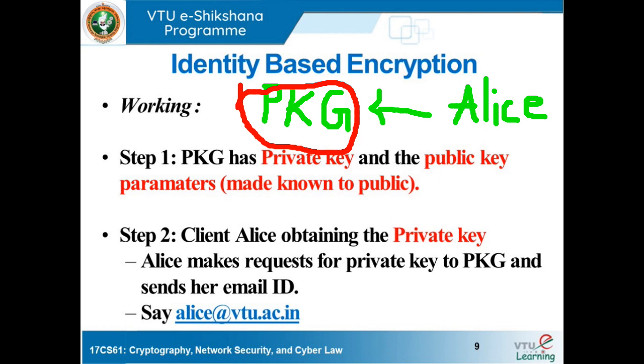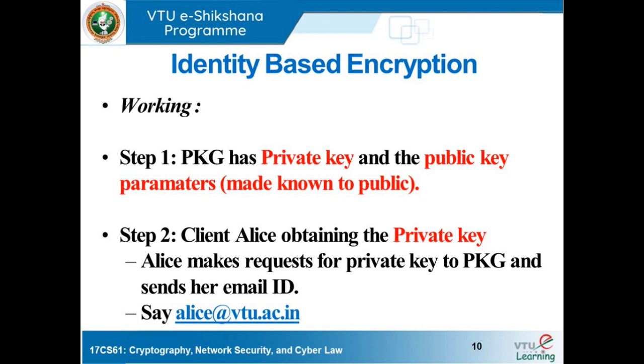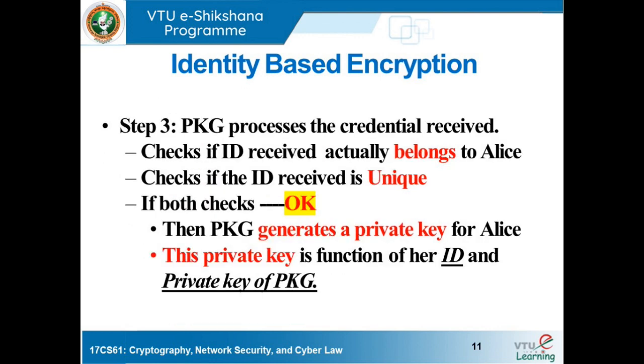Okay, now let's see what happens in step 3. The PKG, that is the private key generator, will receive the details, that is the ID, from Alice. Now, PKG processes these details received from Alice. And what does it do in the processing?